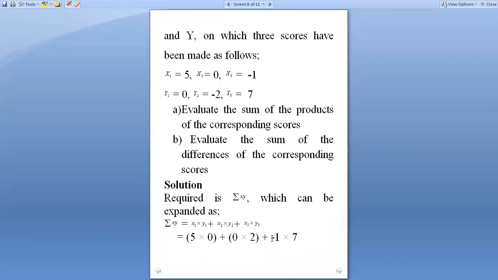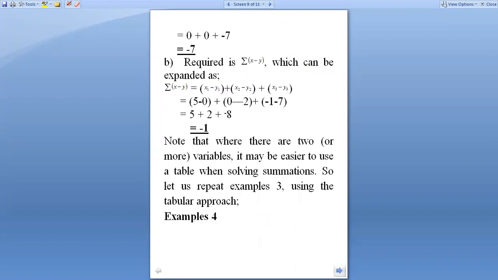When you have this, you bring your BODMAS mathematics and say we always deal with the brackets first. Then after the brackets, we go to multiplication, the of. So here we shall have 0 plus 0 plus minus 7, which will give us minus 7.